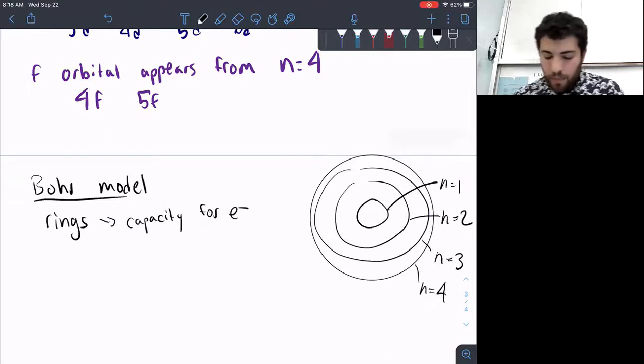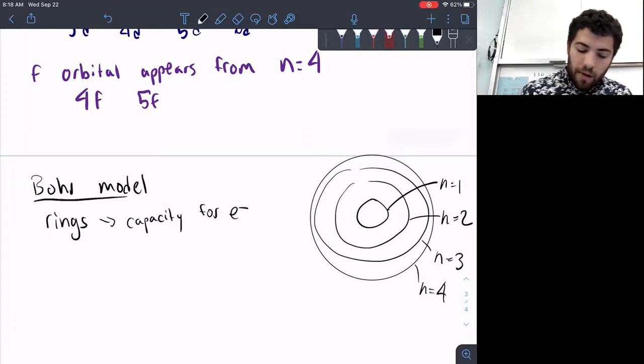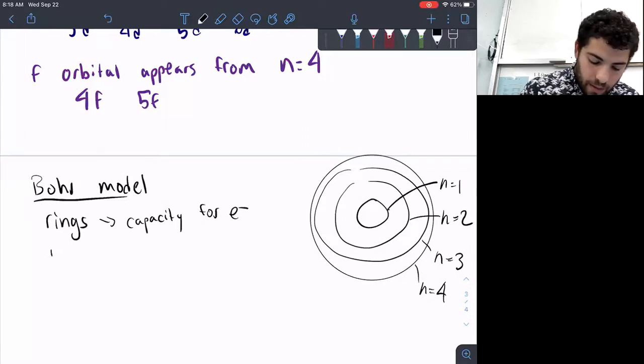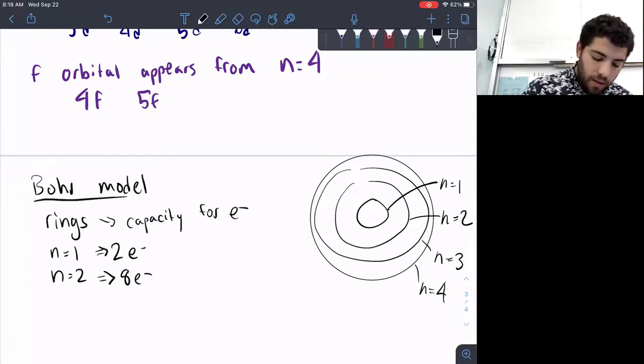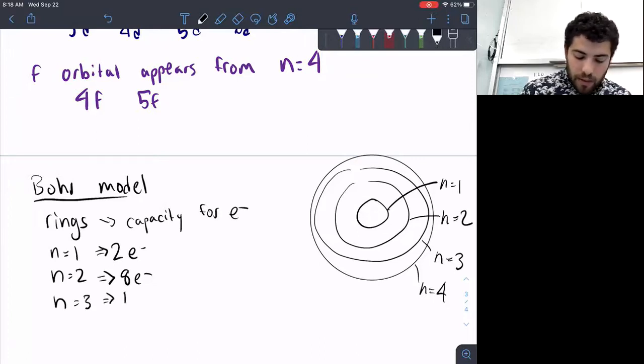So if we look at that, you might remember that in the Bohr model, the first ring can only hold 2 electrons. The second ring can hold 8 electrons. The third ring can hold 18 electrons.